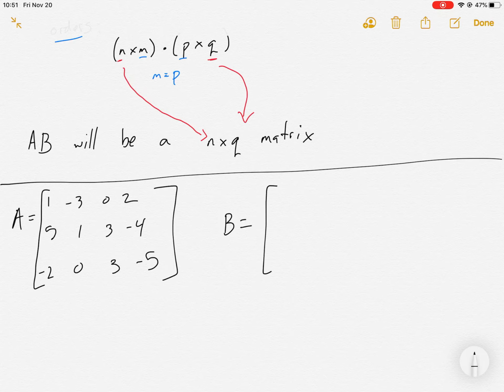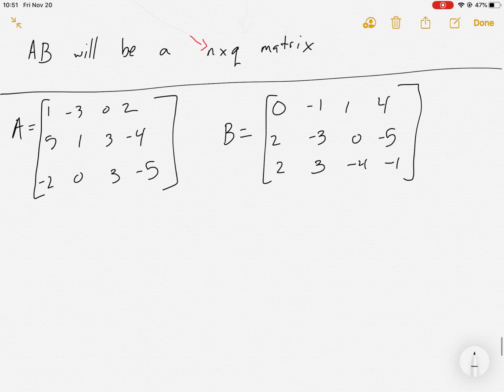B was the matrix 0, -1, 1, 4, 2, -3, 0, -5, and then 2, 3, -4, -1. I'll also include C here just so we have them all written down, because I do want to use C.